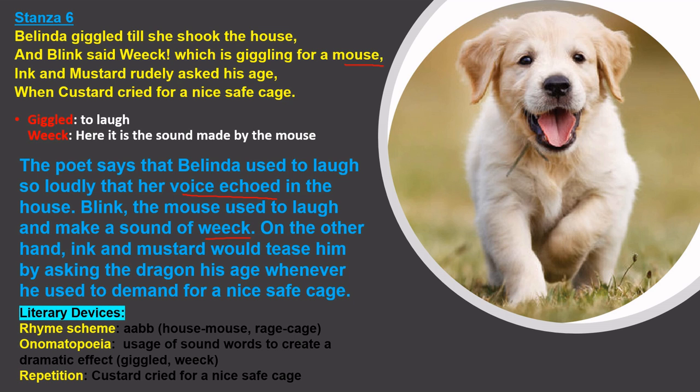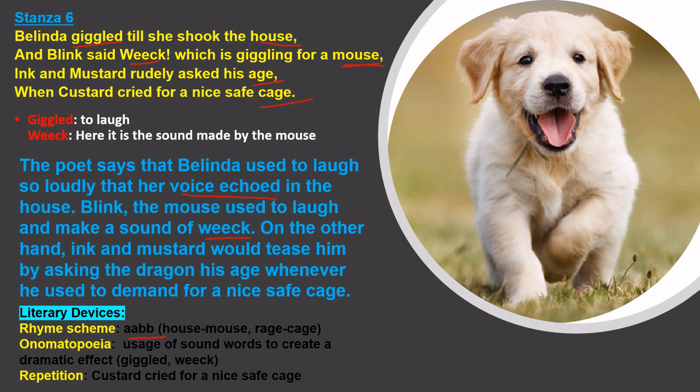Now some literary devices used in this stanza are rhyme scheme. Again you have A, B, B: house, mouse, age, cage. Then you have another literary device coming in here, onomatopoeia. It is actually usage of sound words to create a dramatic effect. So here you see the sound words: one is weak, other one is giggled.